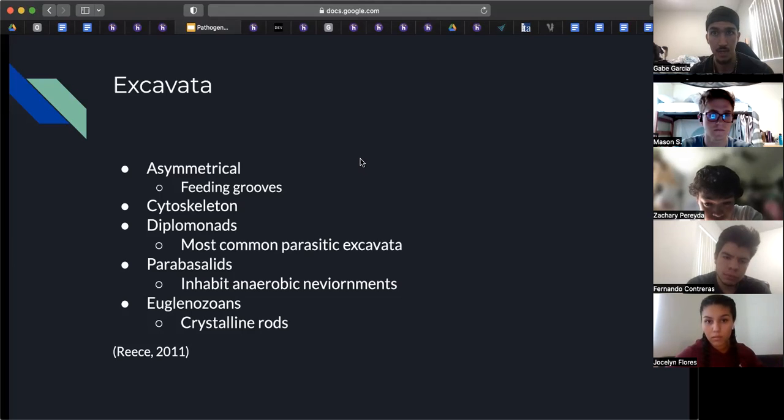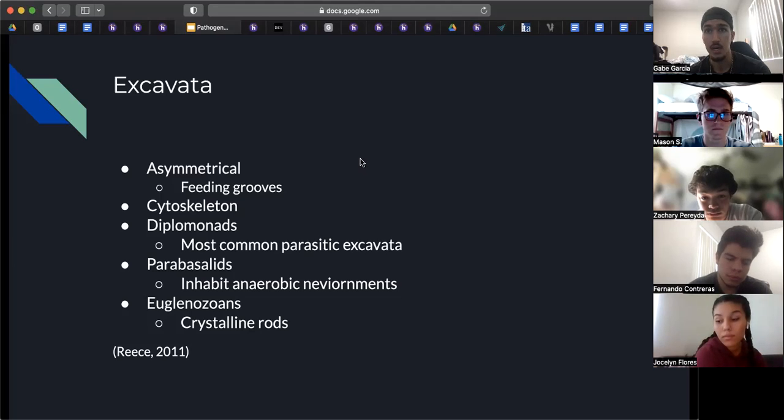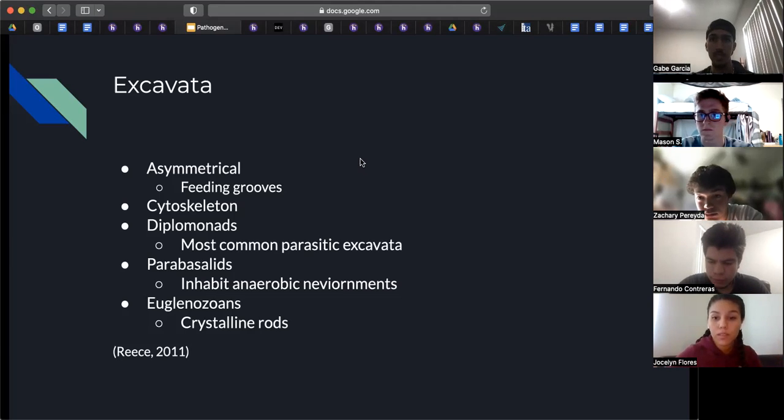Diplomonads are the most common parasitic excavata and are known for inhabiting anaerobic environments. Similarly, parabasalids also inhabit anaerobic environments and produce energy anaerobically. And then a unique characteristic of euglenozoans is that they have crystalline rods that are spiral shaped and located within their flagella that help them move.